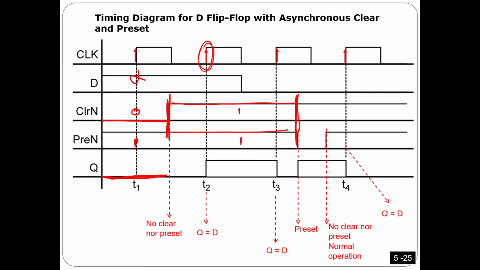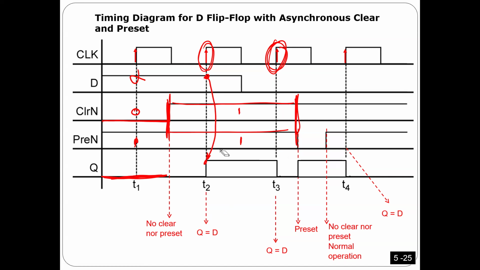So here I'm going to look at these times here, and also these times here. At this time, D is high, you can see I made it high. At this time here, D is 0, that's why I made it 0, because this is the normal operation.